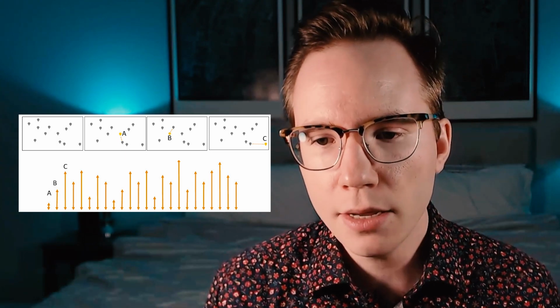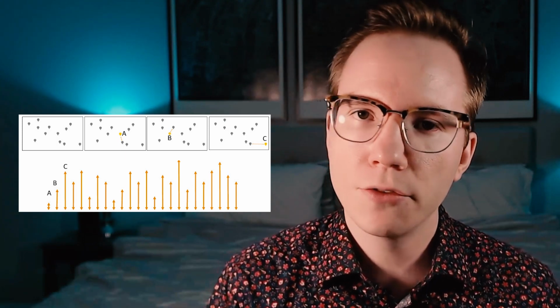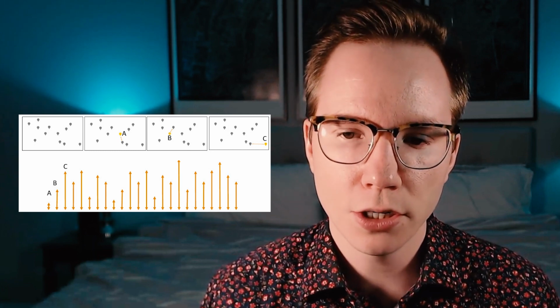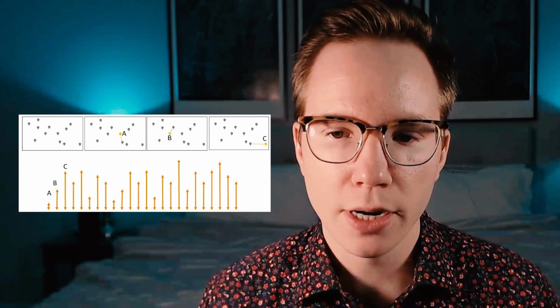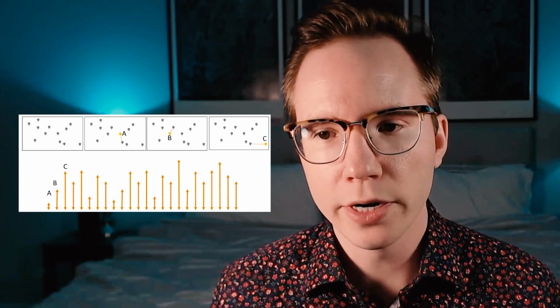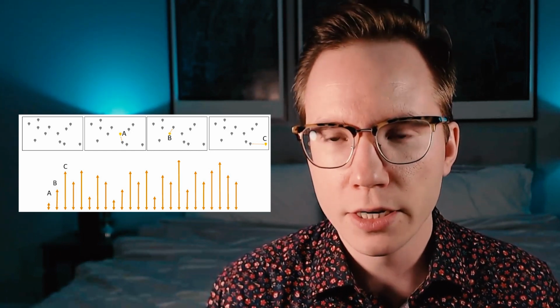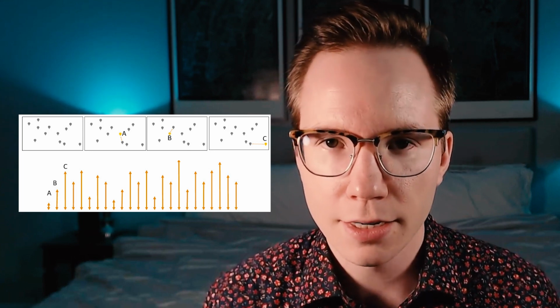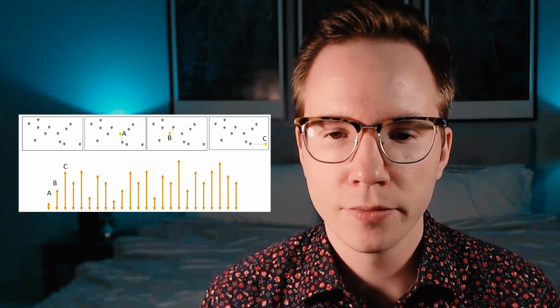For point B, you're doing the same thing. You're looking for the nearest point to the B location, and you're taking that measurement as a distance. And then point C, you're looking for its nearest neighbor and measuring the distance. And you go through that entire data set of gray points, doing that for every single data point.